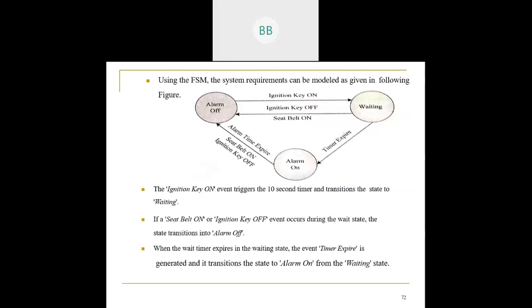And then the system moves to the alarm off state if the timer times out or the seat belt is on or the ignition key is turned off, whichever happens first. Accordingly, the system changes from the alarm on state to the alarm off state.